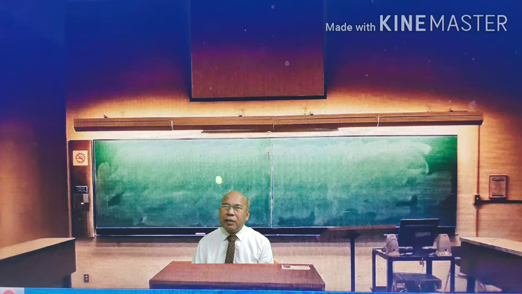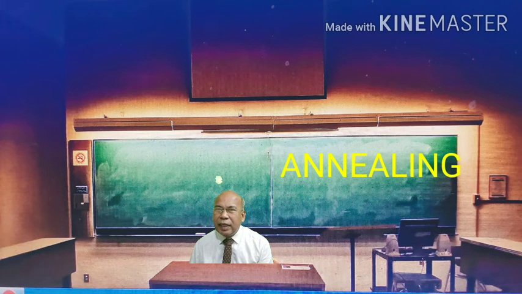Whenever a metallic part has a force suddenly applied, or is suddenly cooled, or whenever it is heated to a high temperature and cooled to a low temperature at a slower rate, that process is called the annealing process. During this annealing, twinning may occur.